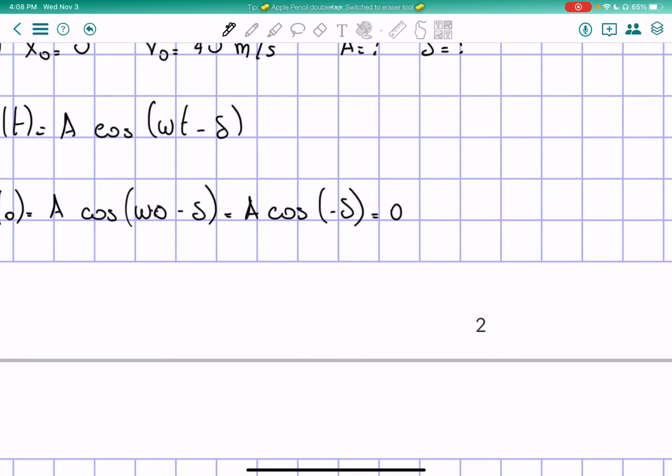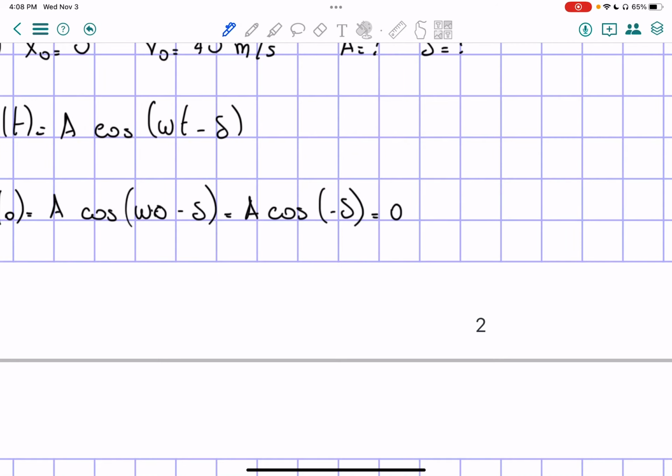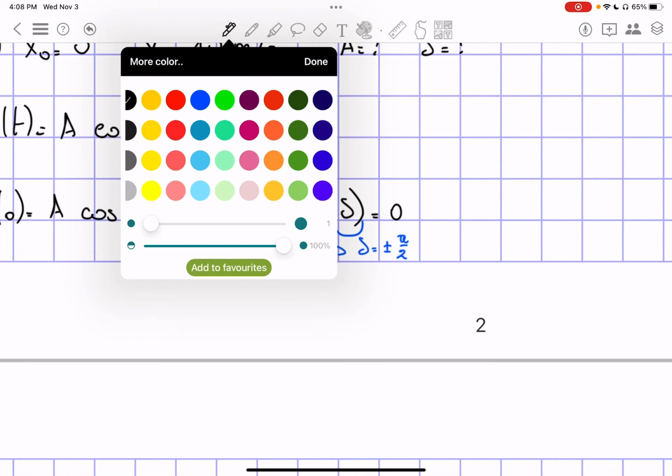So we have to make sure that our cosine equals 0. This means that our angle has to be equal to plus or minus pi over 2, either way for us.